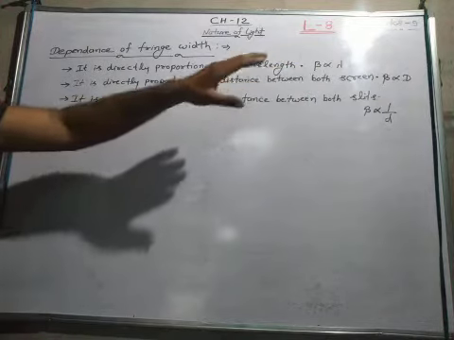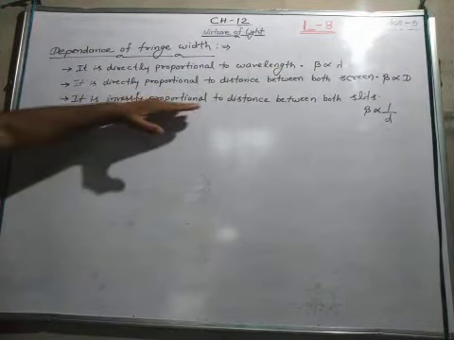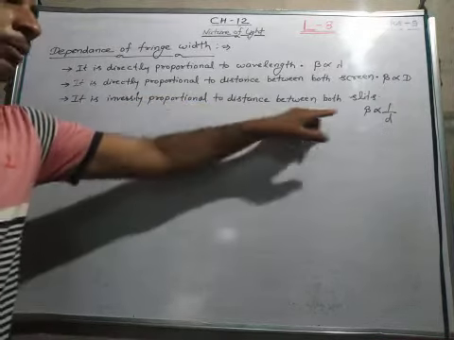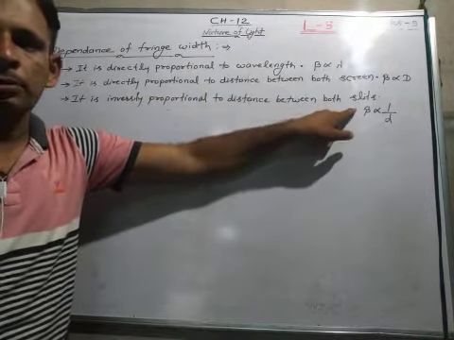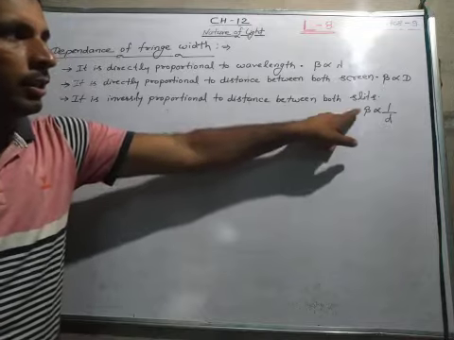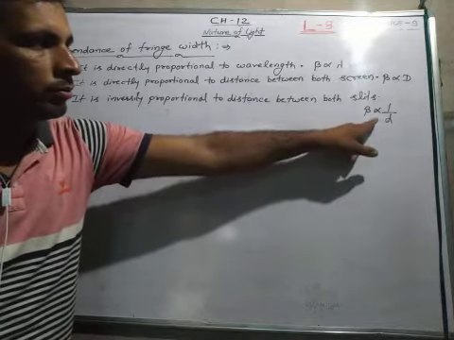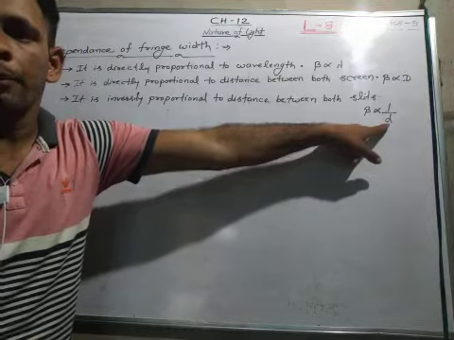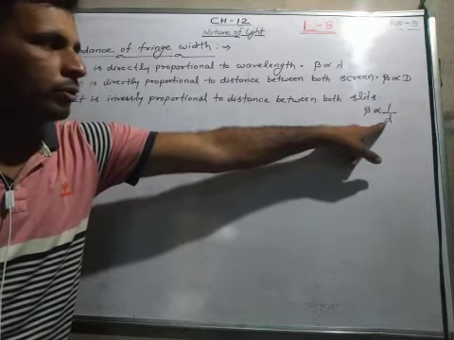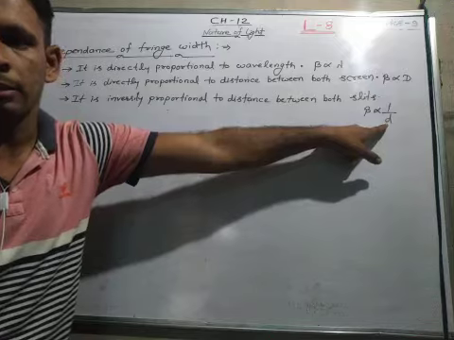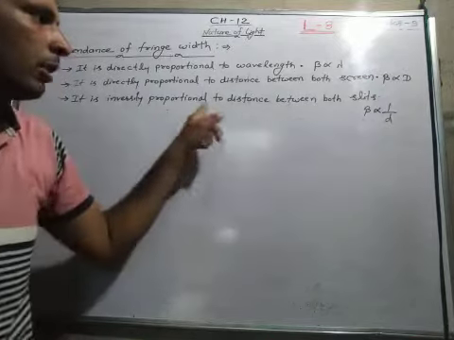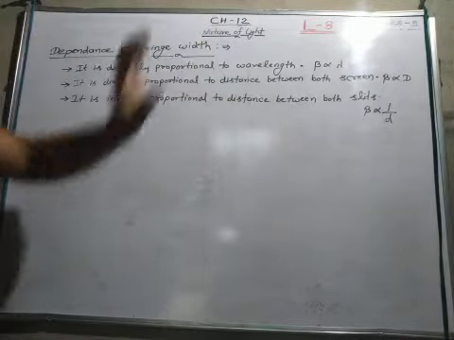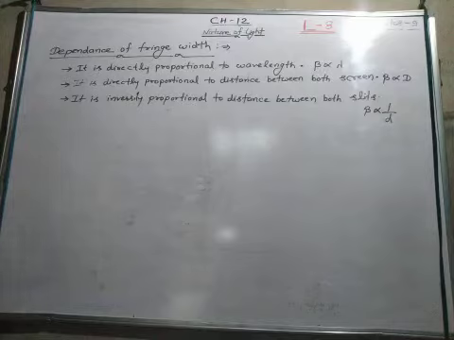And it is inversely proportional to slit distance, so if you want to increase beta, meaning fringe width, then you should decrease the distance between the slits. Okay, it is inversely proportional and these are directly proportional. Okay, that's all. Thank you.